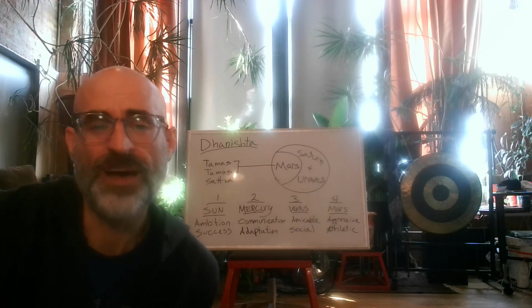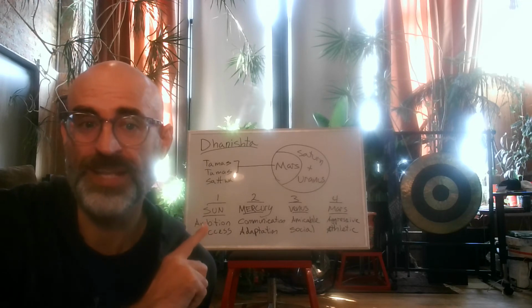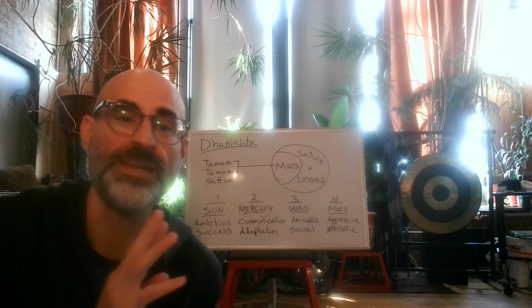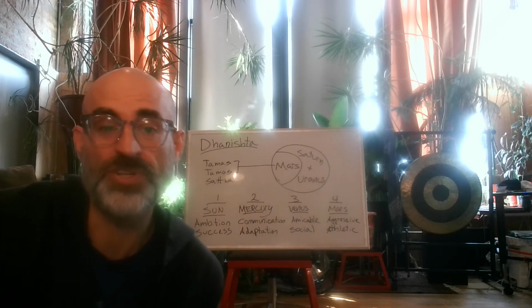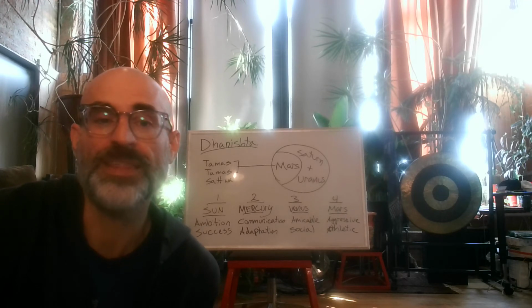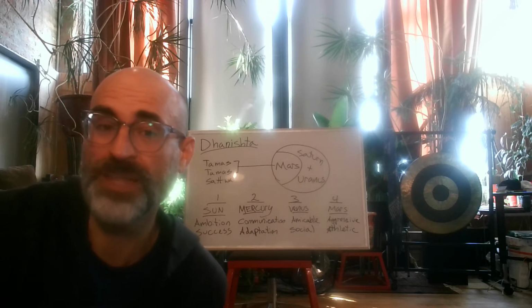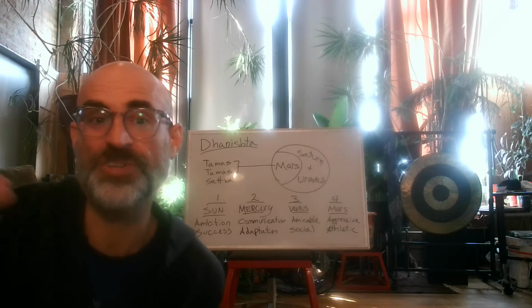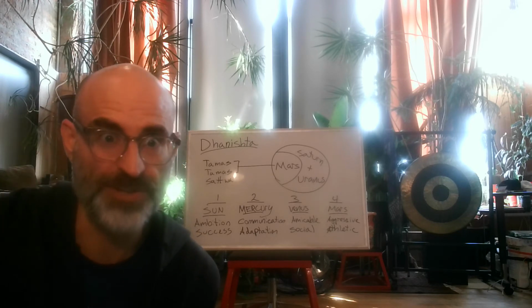Oftentimes what you see with sattvic energy, which Dhanishta is at its base, and that is true of the final third of the nakshatras, is that they all have sattvic energy at their base. That basically means that their process in life is deeply related to the spiritualization process, the highest intentions.